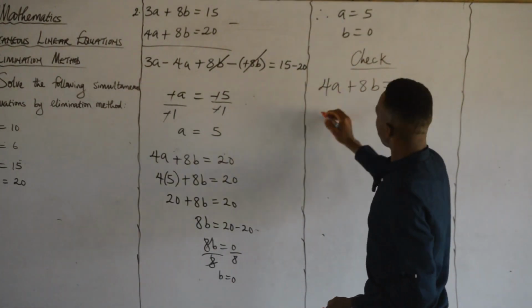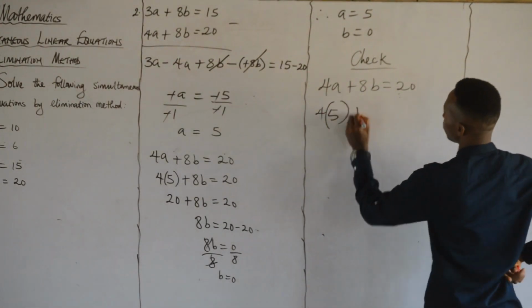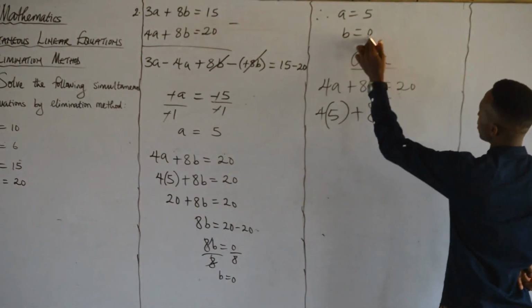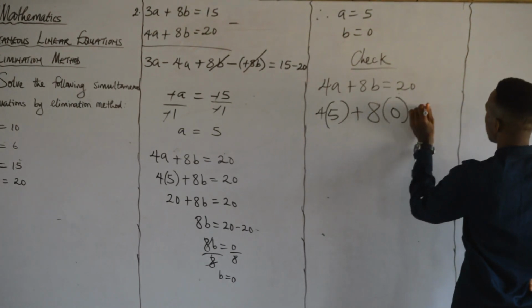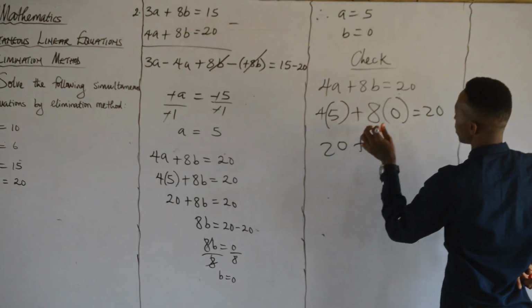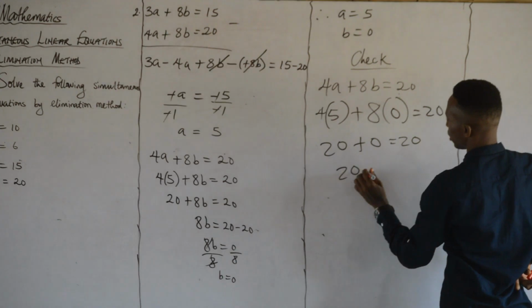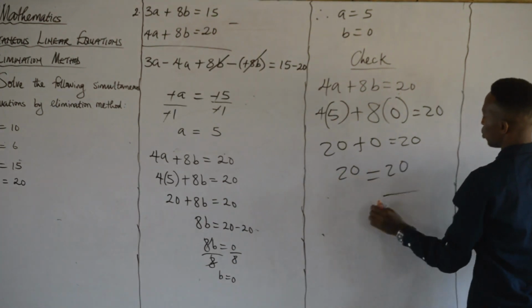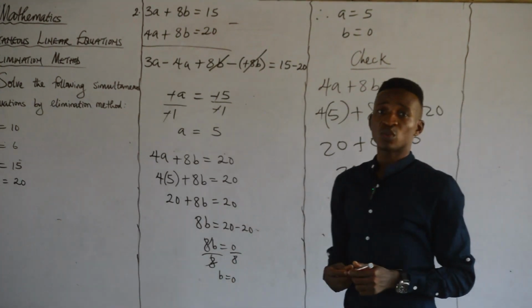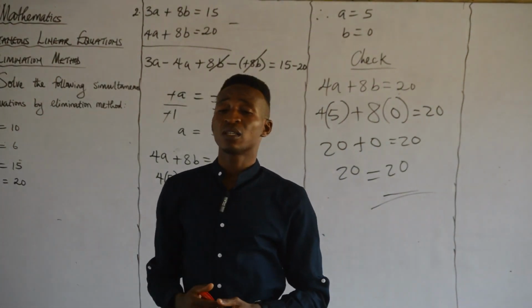My a here is 5. That's 4 into bracket 5 plus 8 into bracket, my b is 0. Everything equals 20. 4 by 5 gives us 20, plus 8 by 0, which is 0, equals 20. So this 20 equals 20. So our LHS is equal to RHS. Since LHS is equal to RHS, that means we've gotten our answer correctly.